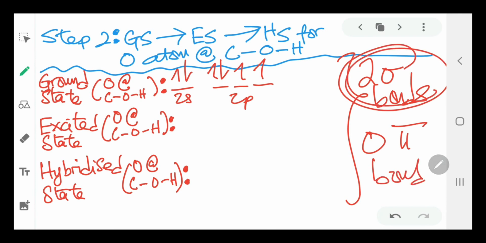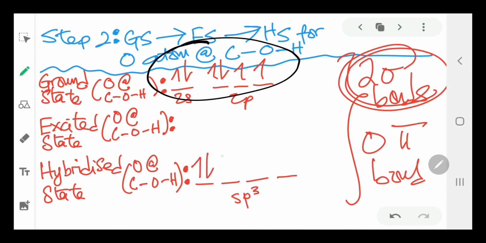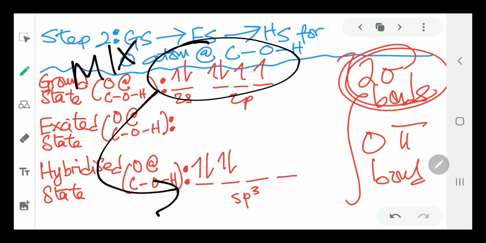So you need to have 2 unpaired electrons in the hybrid orbitals. Then you have to mix all of them, so you have 1, 2, 3, 4, and you have sp3 hybrid orbitals. These two are going to be the lone pairs, the first lone pair and the second lone pair, and then that one will be another sigma bond. This one, another sigma bond, to form that.